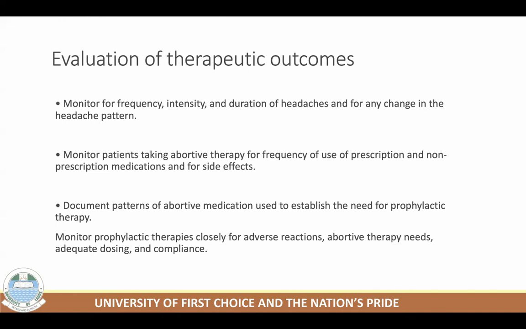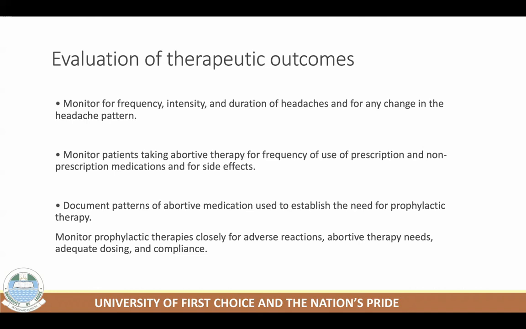Take, for example, frequently used NSAIDs and simple analgesics can result in renal dysfunction, renal failure, and even death for patients. So it's important that we institute mechanisms to monitor the patient's use of the medicine, and then to also monitor how well they've complied with the safe use of those medicines in the long term.